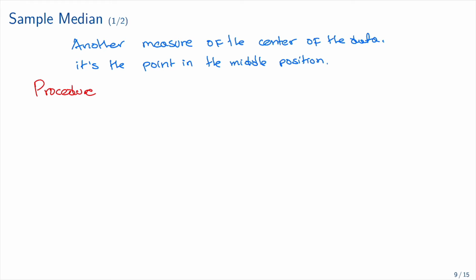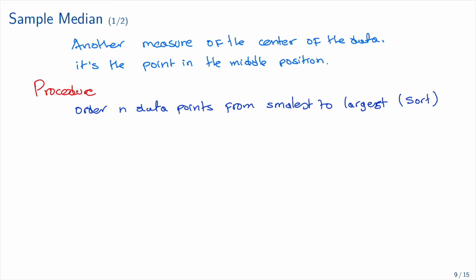First of all, order the n data points from smallest to largest. So sort the data.